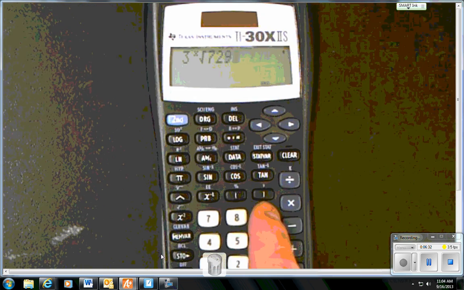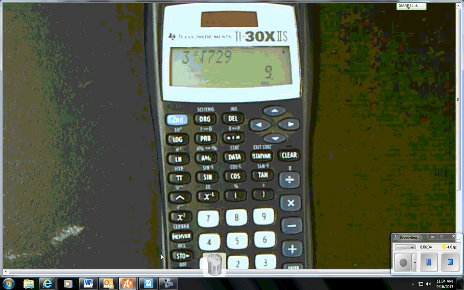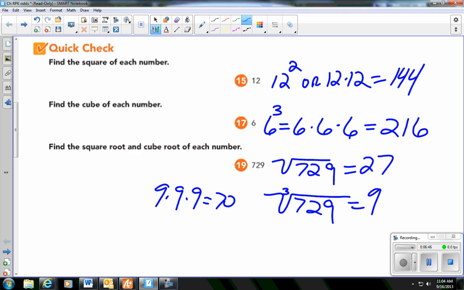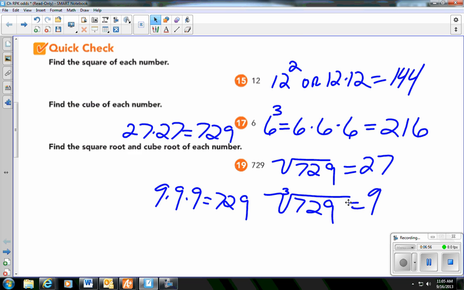Type in 729 and we get 9. So the cube root of 729 is 9. So what we're saying is that 9 times 9 times 9 is 729. With square root, we're saying that 27 times 27 equals 729. So that's the difference between square root and cube root.